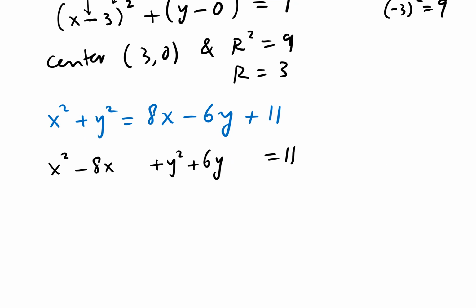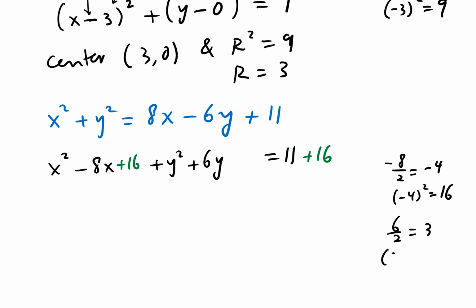You take the negative 8 and divide it by 2. You get negative 4. Square it, you get 16. So you add 16 to both sides. Then we do the same thing for the 6. Divided by 2, you get 3. Square it, you get 9. So you add 9 to both sides.